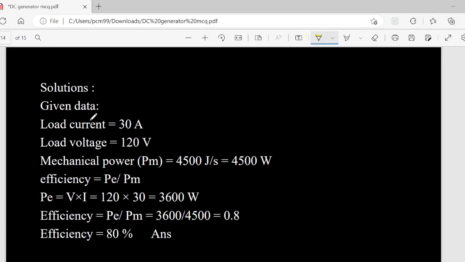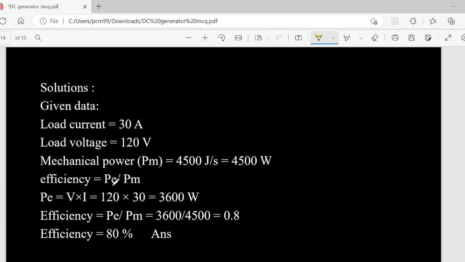The data is given: load current equal to 30 ampere, load voltage is 120 volt, mechanical power is 4500 joule per second, that is equal to 4500 watt. Joule per second is watt. The question is asking what is the efficiency.